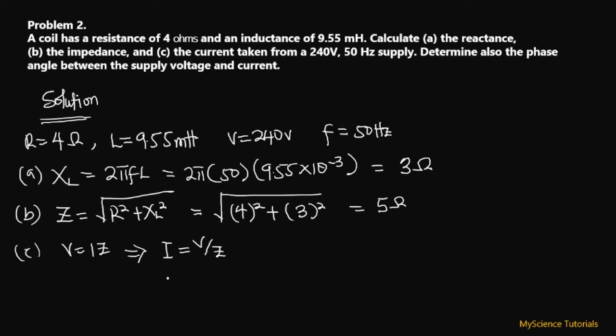Our voltage is 240 volts, and the impedance that we just found is 5 ohms. So our total current that passes through this circuit is going to be the ratio of 240 to 5, and that is going to give us 48 amperes.